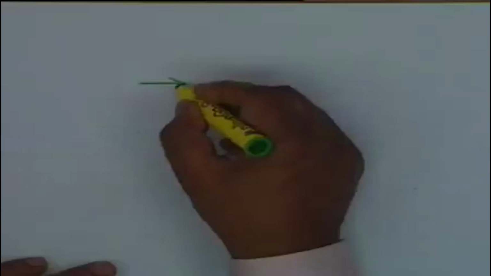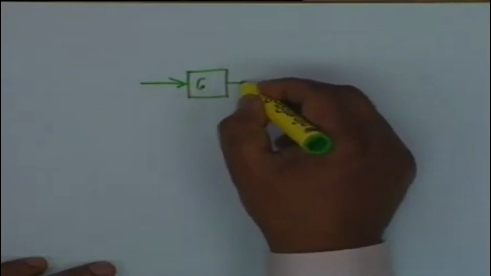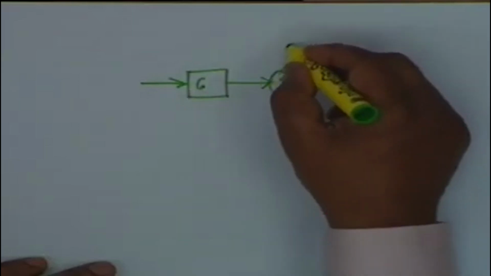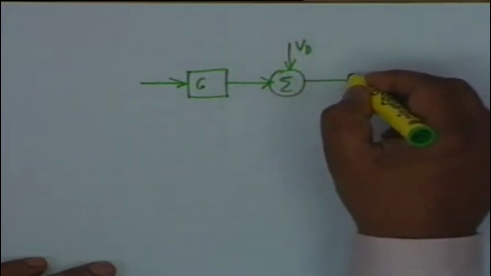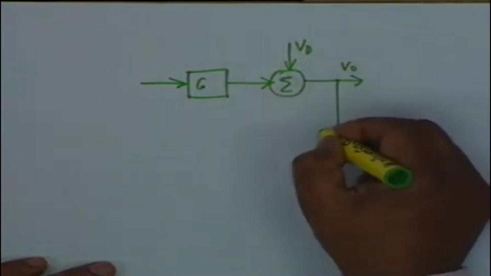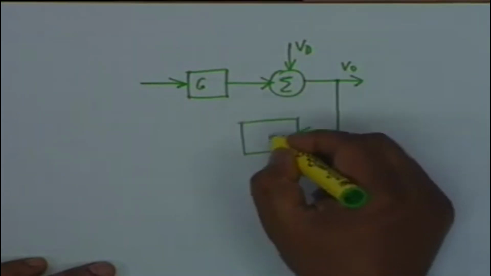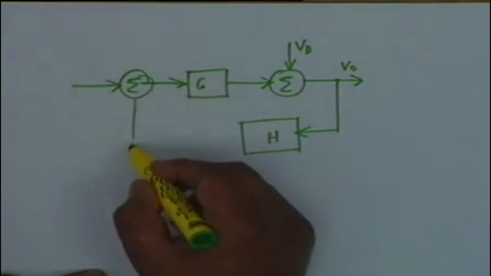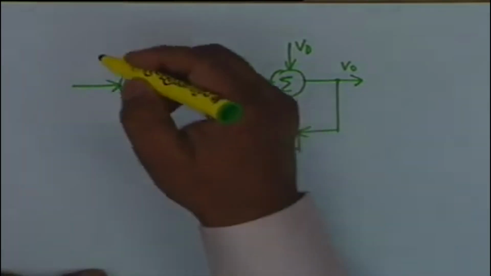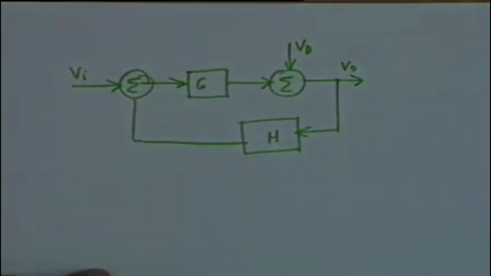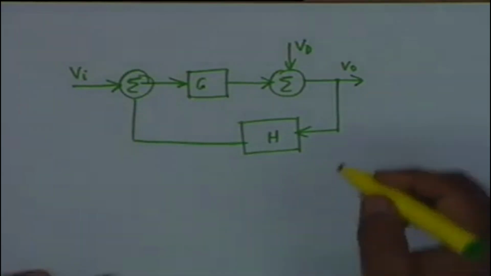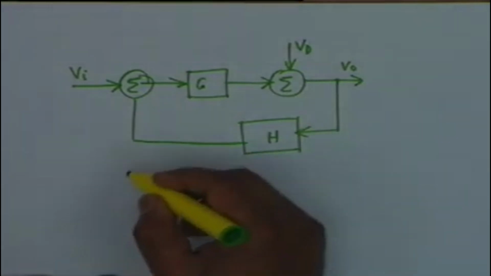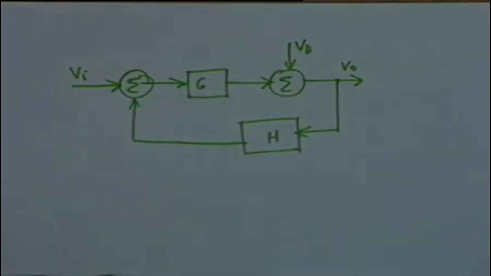Okay. Now to this amplifier we apply negative feedback. This is V0, we apply a feedback through a feedback network H and a summer, and this is now Vi. All right. Then V0, as you see, what is this signal?